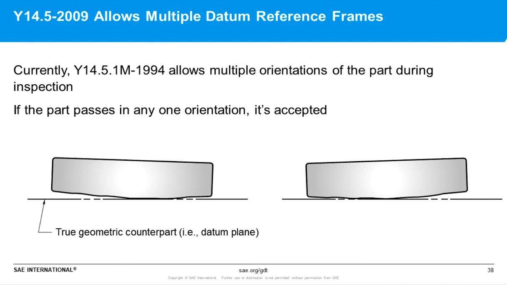And again, that would be its true geometric counterpart. But of course, as we show you here, that means, when setting a part up in a gauge or fixture, the part could be easily rocked or wobbled. And according to the Y14.5.1 standard, if the part can pass in any one orientation, it's considered good, it's accepted. And of course, that could lead to increased measurement uncertainty and disputes between customers and suppliers.